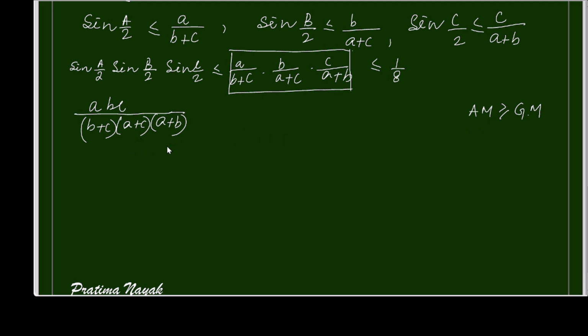That means A plus B by 2 is greater than or equal to the square root of AB, that is the geometric mean, or A plus B is greater than or equal to twice root AB.